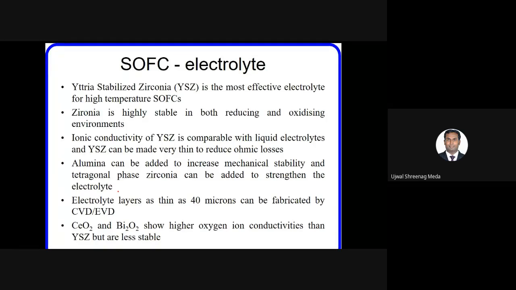They show higher oxygen ion conductivities, but they are not very stable at these high temperature operations. So research-wise, different materials are explored. However, till date, the electrolyte used in commercially available SOFCs is still YSZ, yttria-stabilized zirconia. And this is about the electrolyte.